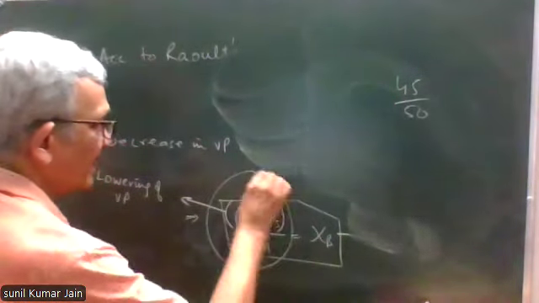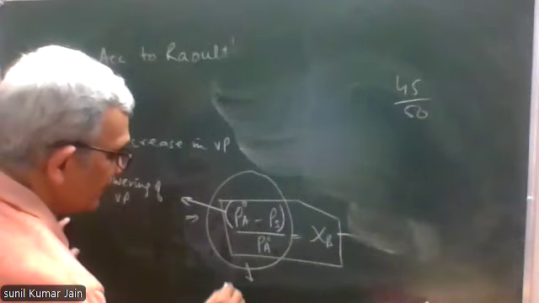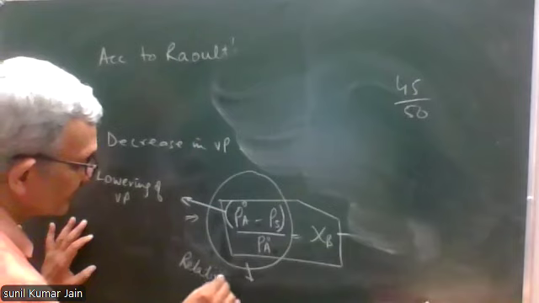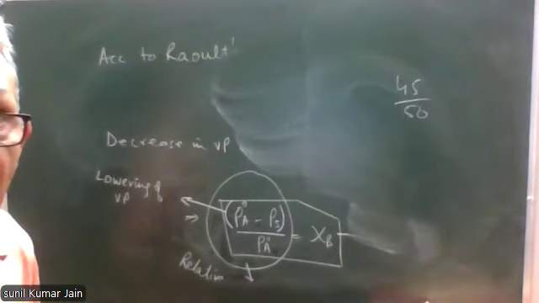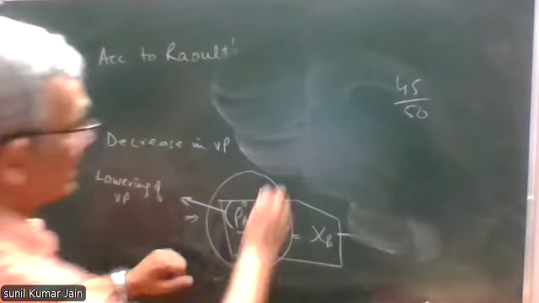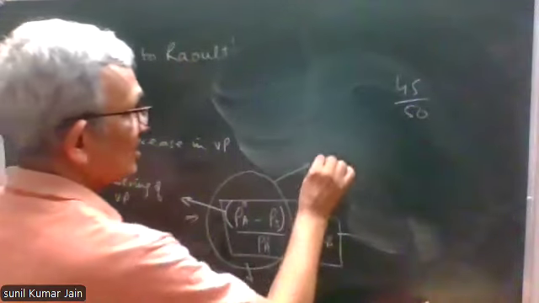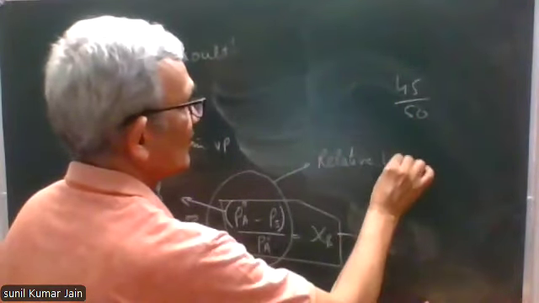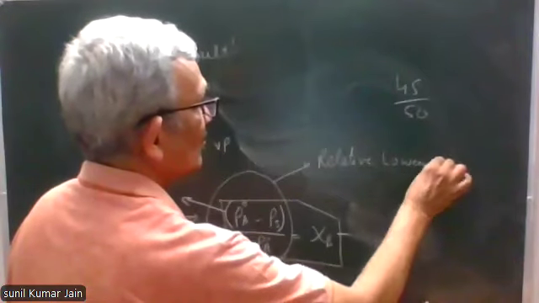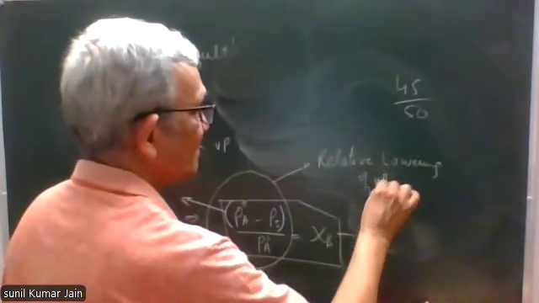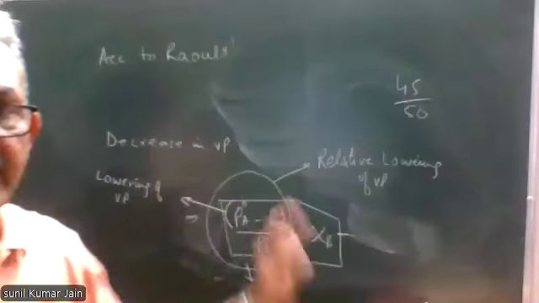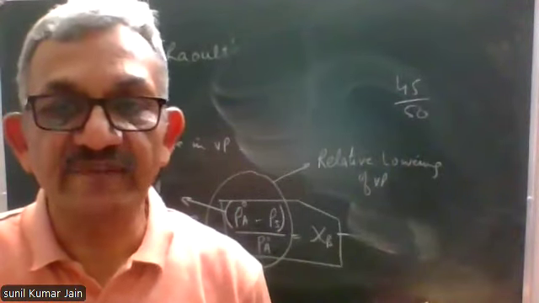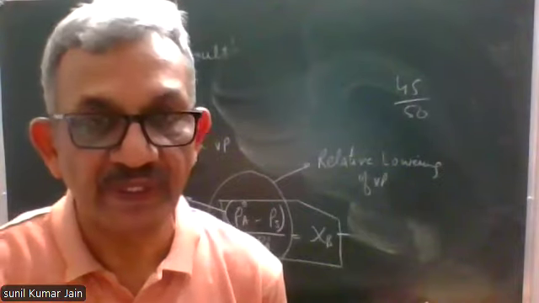And this entire left-hand side is relative lowering. Are you able to read? No. I'll write here. This entire is called relative lowering, and the same I have to write in words, which becomes the second definition of Raoult's law.